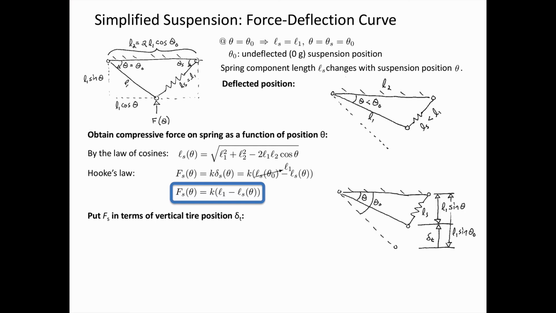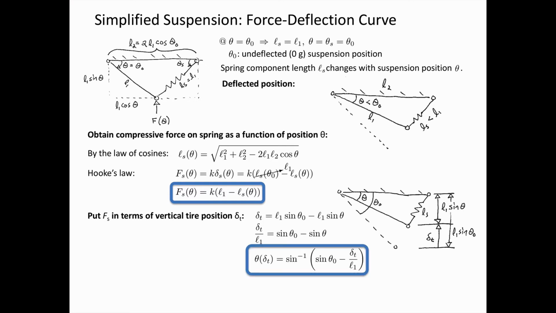But then in the deflected position at some arbitrary value of theta, the distance is L1 sine theta. So the deflection delta t is the first quantity minus the second. Delta t equals L1 sine theta naught minus L1 sine theta. Or I can write instead delta t over L1 is equal to sine theta naught minus sine theta.